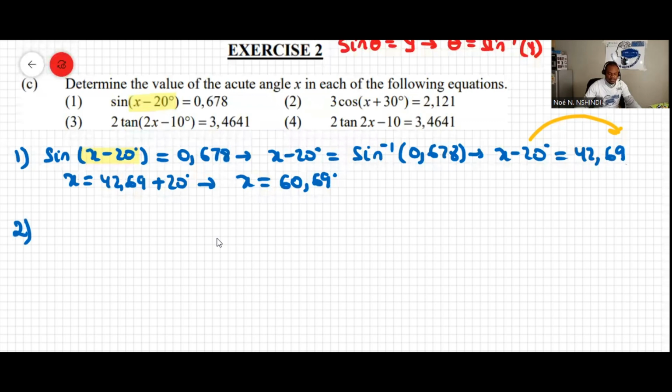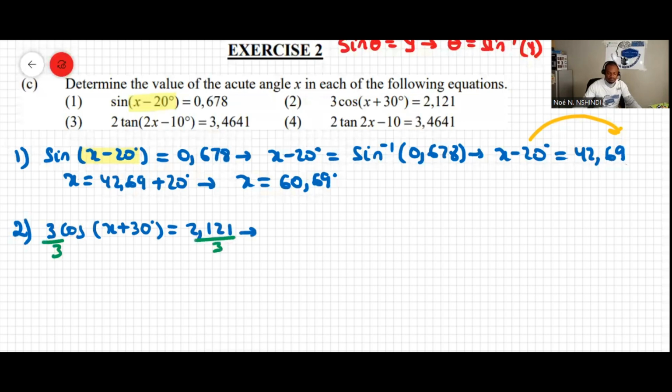What we have here is 3 cos of (x + 30 degrees) equal to 2.121. In this case, we do have a coefficient here. We need to get rid of it, so we will divide by 3 on both sides.